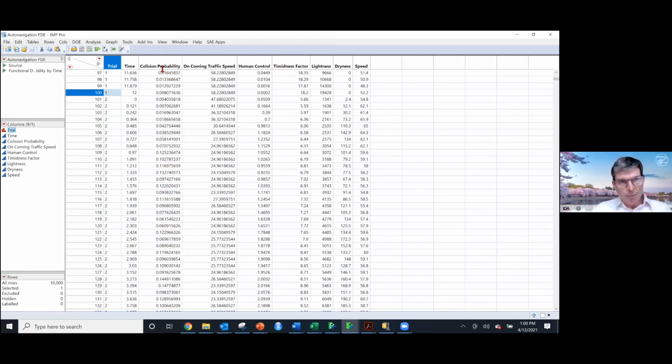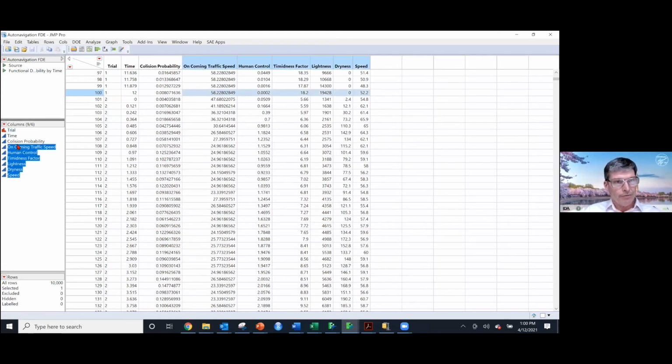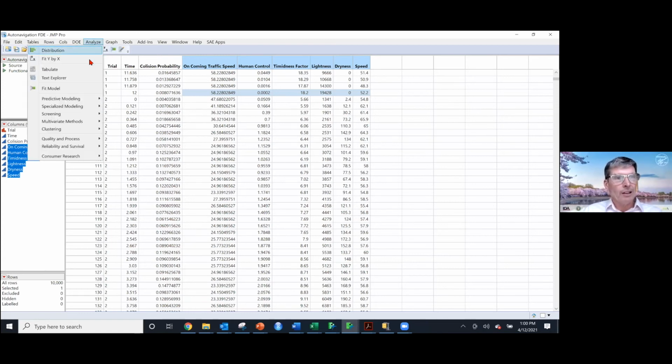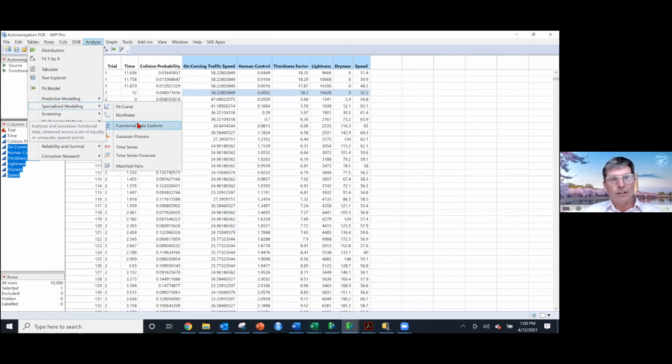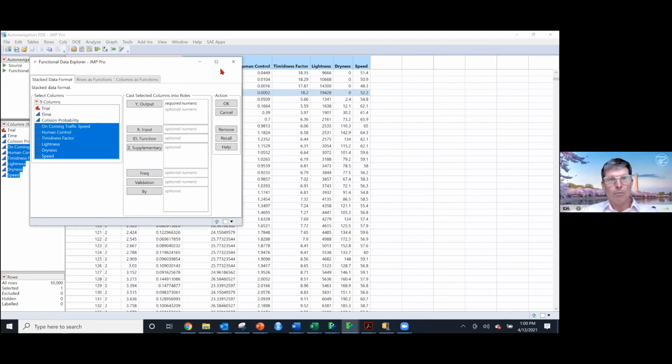Then I have my collision probability, and I have the settings for my 4 or 6 different factors in here. The hope is to relate those factors to my collision probability. To do that, I come under Analyze, Specialized Modeling, and this is Functional Data Explorer, which is JMP Pro only, I believe.